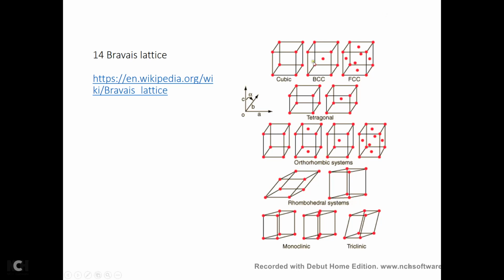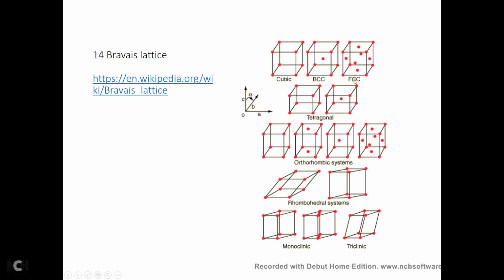All right, so we have cubic crystal system. And then we have primitive cubic or simple cubic. So this is primitive or simple cubic. But also we can have body-centered, we can have face-centered. So for the cubic crystal system, we have 3 Bravais lattices.